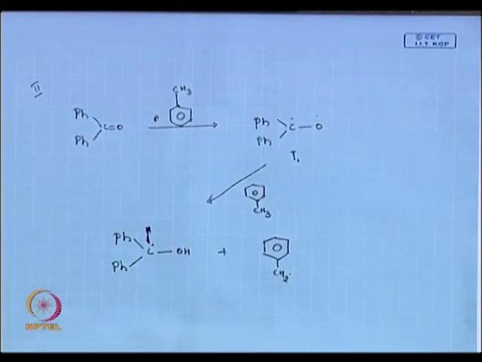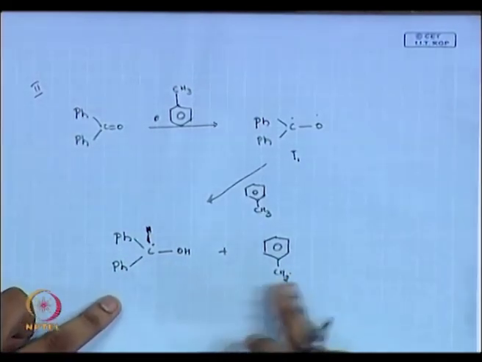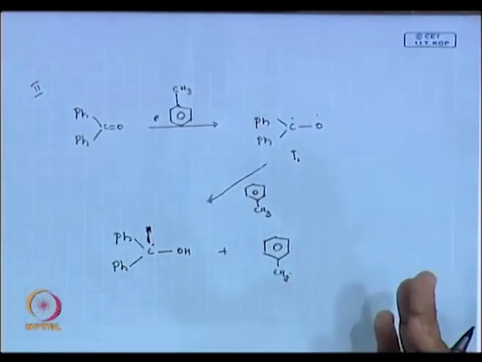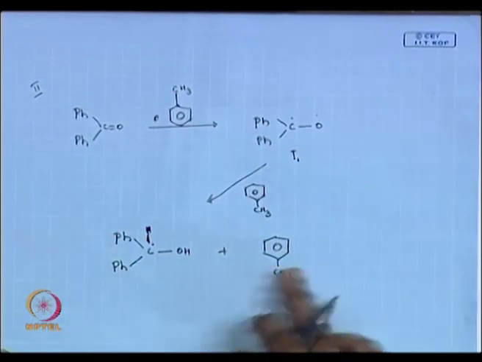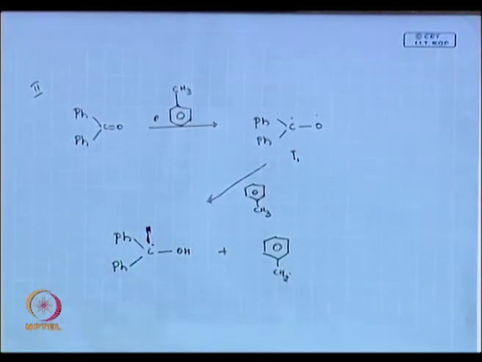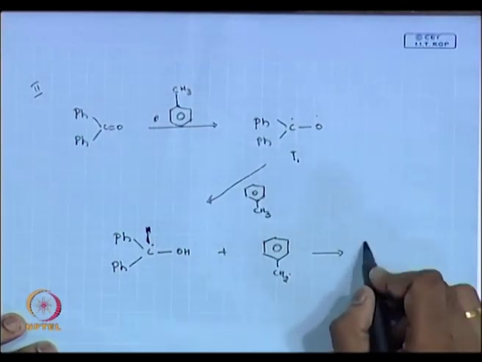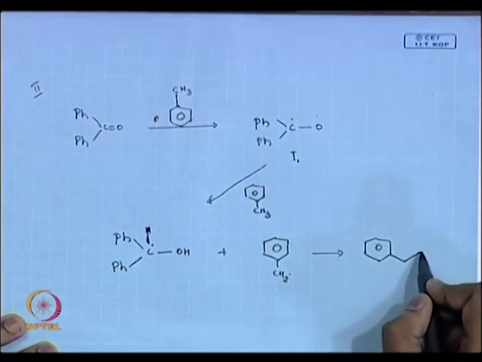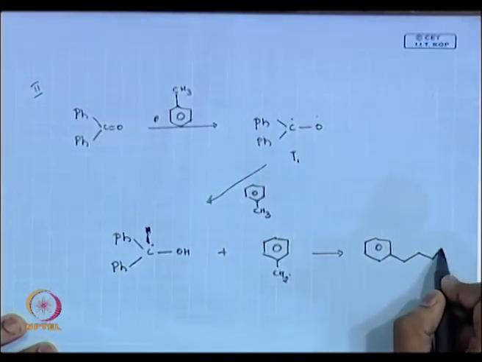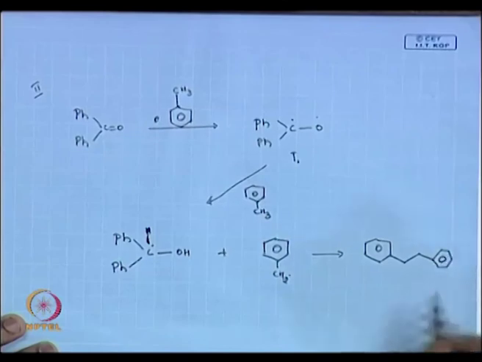See, in the previous case both the radicals you got were similar, right. So they just combine. In this case this will combine this and this. Yes, that is the possibility. Or you can say I will get this. Why can you not get bibenzyl type of things?